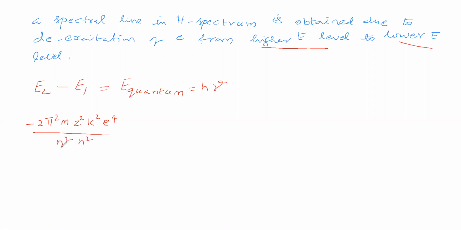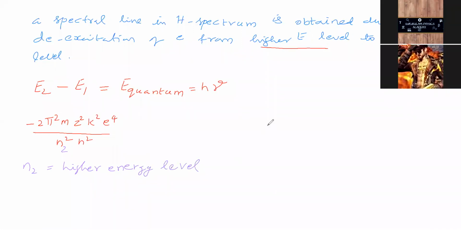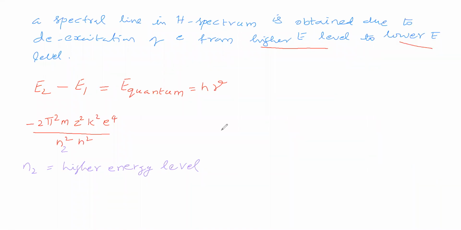So for this we write n2. N2 means higher energy level, that's all. It is not indicating the second energy level, it is indicating the higher energy level, that means the higher orbit.